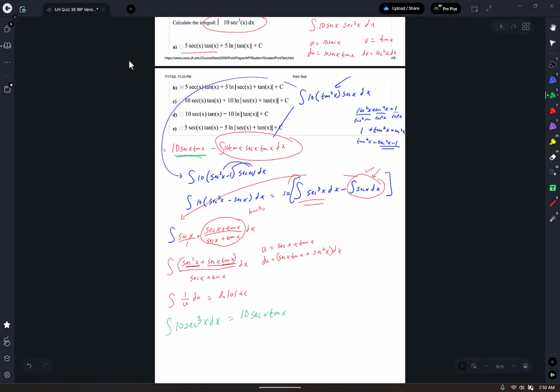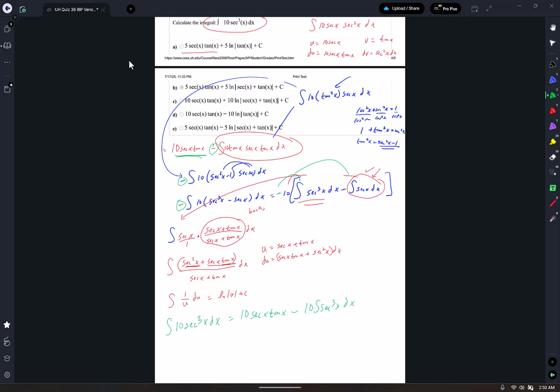So you can already see what's going to happen when we get that half right. Minus, and that minus here, I need to distribute it into both of these. So minus 10 integral secant cubed x dx. And then plus, that's what will turn into a plus.